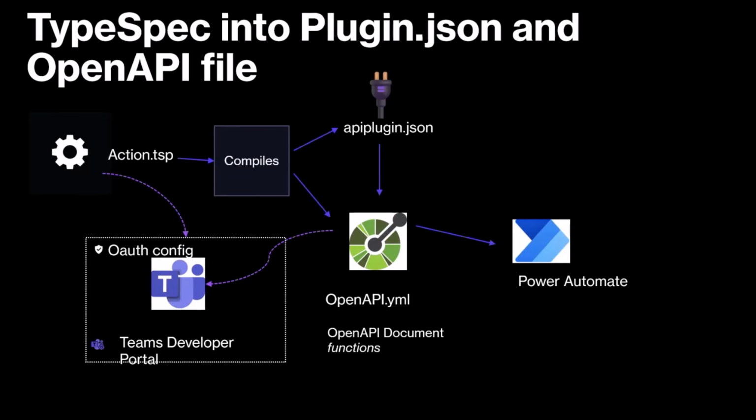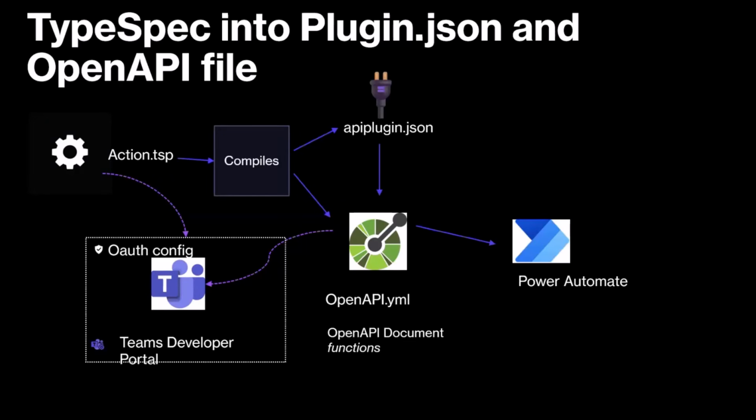So, I said I'm using TypeSpec. Think of an analogy with TypeScript, which gets compiled to JavaScript. It's kind of the same thing. TypeSpec is a language in which you define APIs behind the scenes.